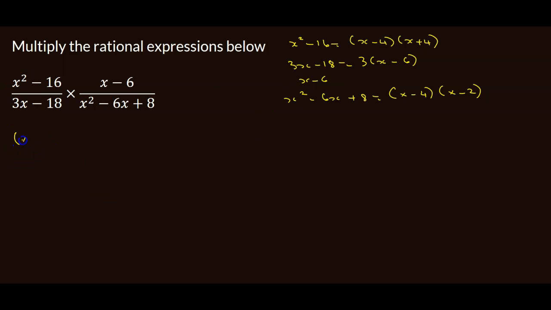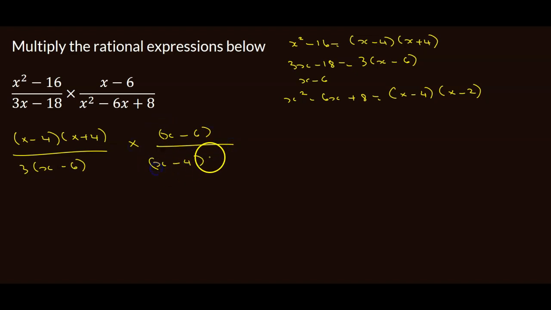So this is going to be x minus 4 multiplied by x plus 4 divided by 3, and then we have x minus 6. And then we multiply by x minus 6 divided by x minus 4 and then x minus 2.